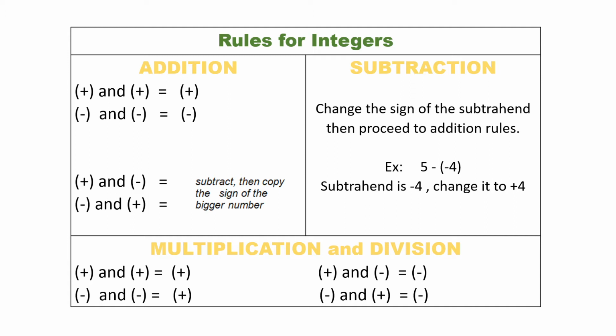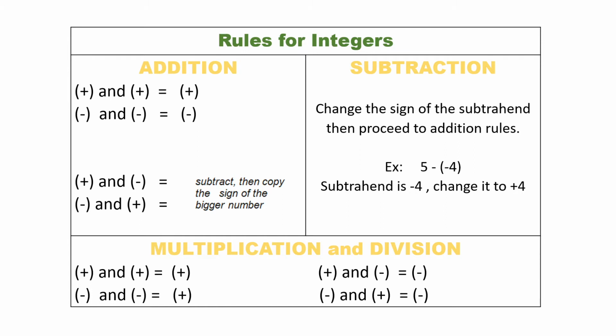For addition, if we add two positive integers, we'll get a positive na answer. If we add naman, or if we combine two negative integers, we will get a negative na value. And if we combine integers with opposite sign, ang gagawin lang, subtract natin yung largest at saka yung smallest.